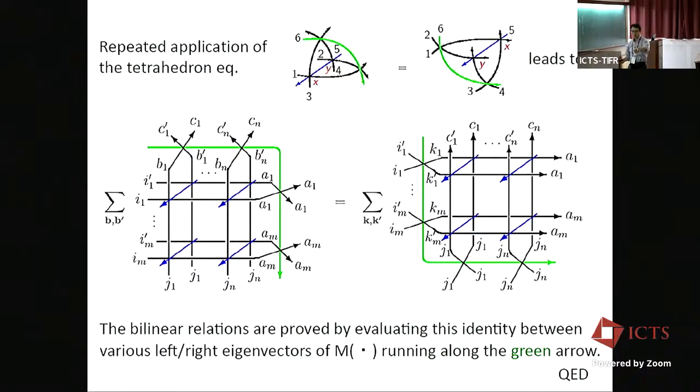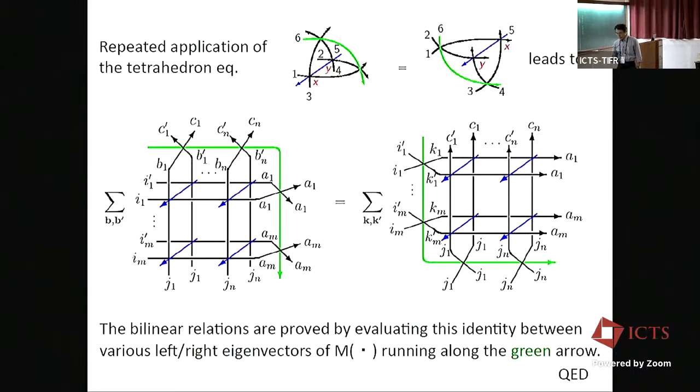You can push and push and push it through until you totally reverse the order of the two layers associated with x and y. So the left-hand side more or less corresponds to tx, ty, and this is ty, tx. The last step is to remove the artificially introduced green arrow. That can be easily done by evaluating both sides between various left and right eigenvectors m, running along the green arrow. And that's the end of the proof.